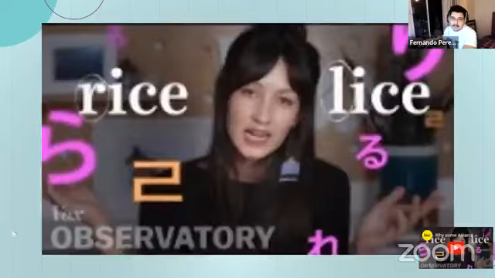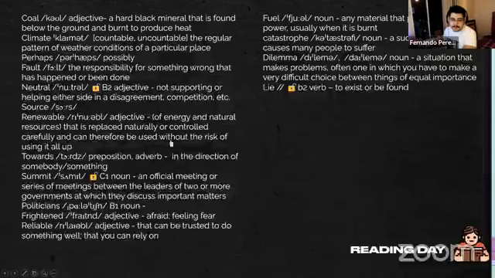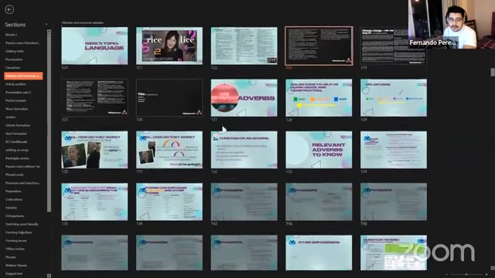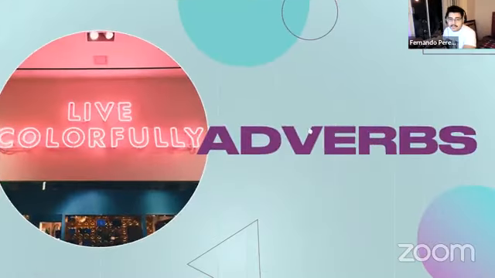Meanwhile, we are going to go directly to the first section of adverbs. Taking the chance that everybody is here, we can start the first adverbs lesson.